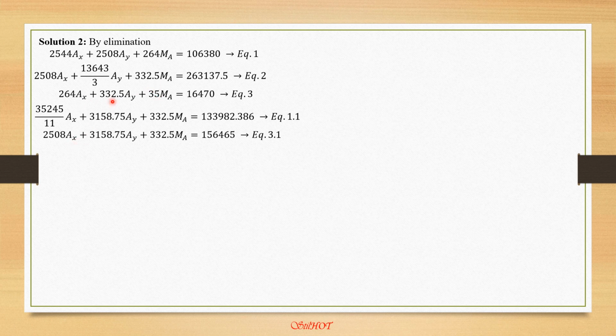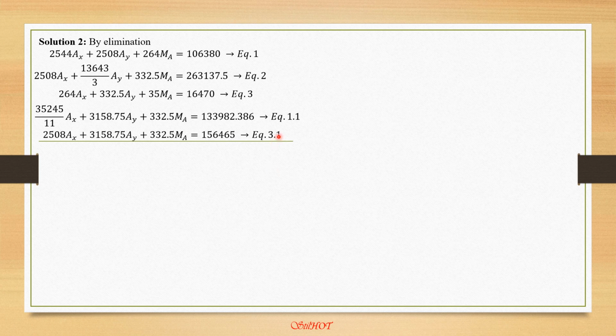The second term is 332.5 times 332.5 over 35, 3158.75 AY. And the third term is 332.5 MA. So 16,470 times 332.5 over 35 is 156,465. So we can now eliminate MA from these equations here.